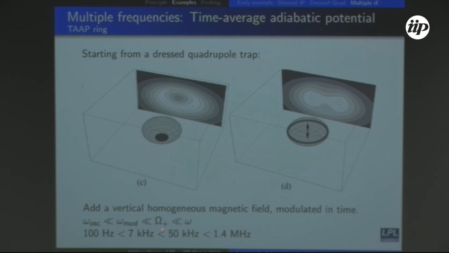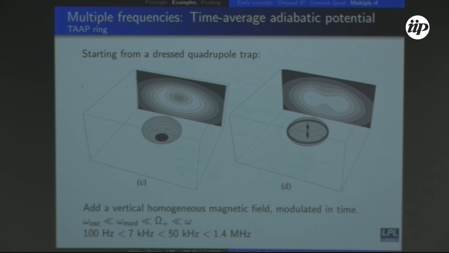But now you add a vertical homogeneous magnetic field modulated in time at a frequency which is less than the RF coupling. This is important because the RF coupling gives you adiabaticity. You are not allowed to do things faster than the splitting between states, which is set by the RF coupling. So if you go slowly enough, then the atoms will always follow the adiabatic state.